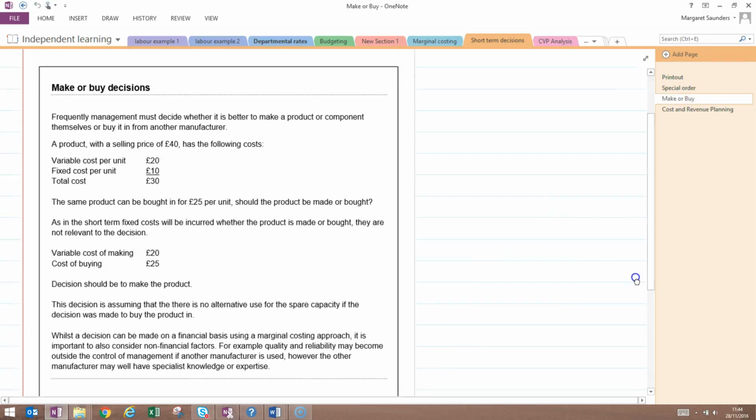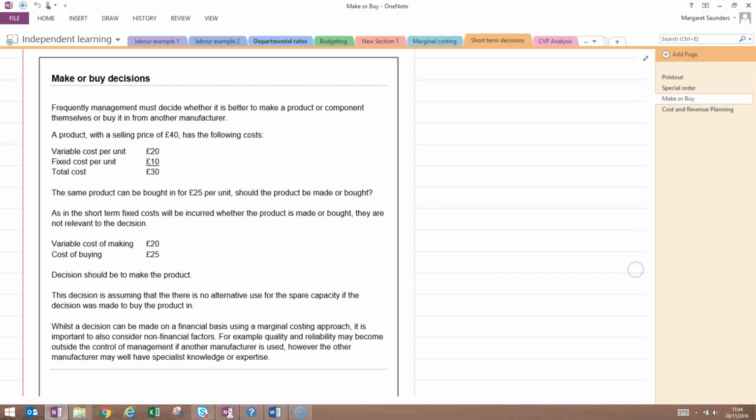So we have this example, and the decision is, do we make the product ourselves in-house, or do we buy from an outside supplier? So a particular product has a selling price of £40 and it's costing £20 per unit in variable costs and £10 in fixed costs.